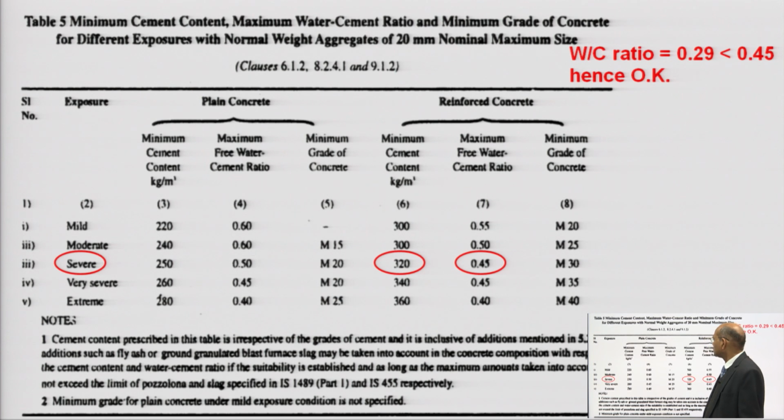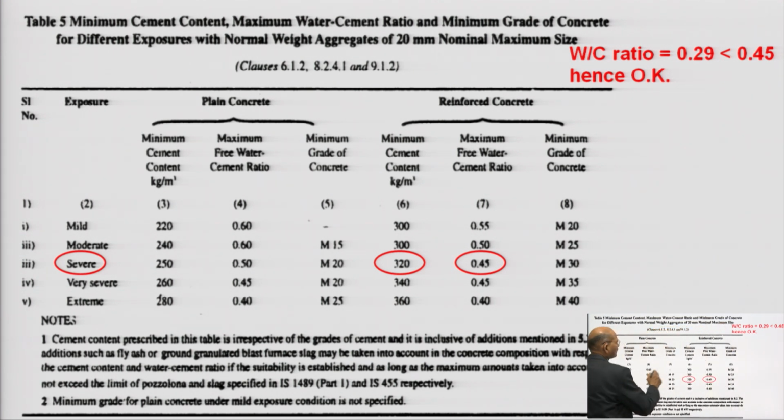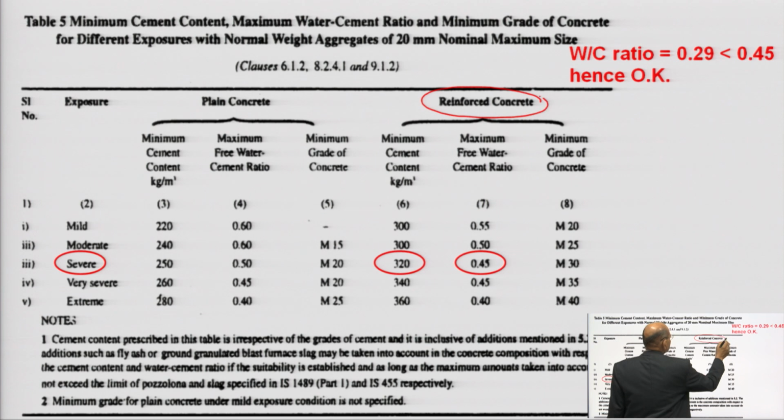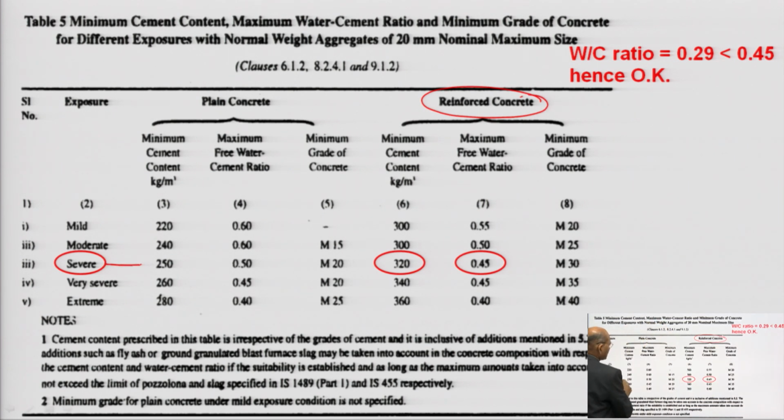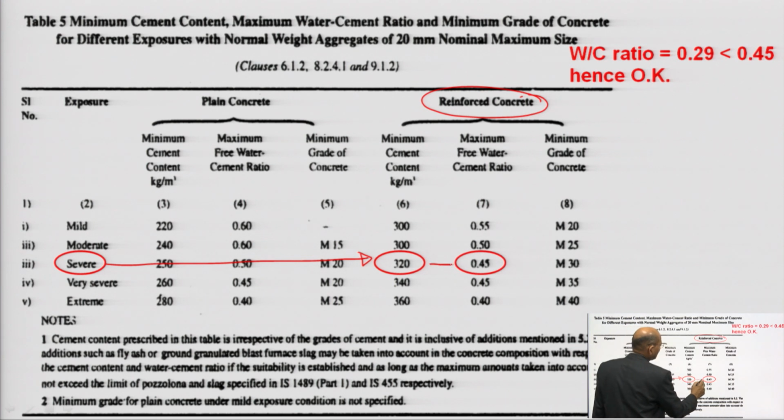Our durability exposure condition is severe, and our work is RCC work, reinforced cement concrete work. So, for RCC work, you have to take a minimum of 320 kg of cement and a 0.45 water cement ratio. This is the maximum free water cement ratio.